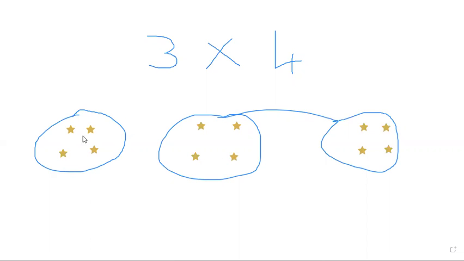So we have 1, 2, 3, 4, 5, 6, 7, 8, 9, 10, 11, 12. So 3 lots of 4 equals 12. Slowly got there. So that is what we call equal groups to help us multiply.